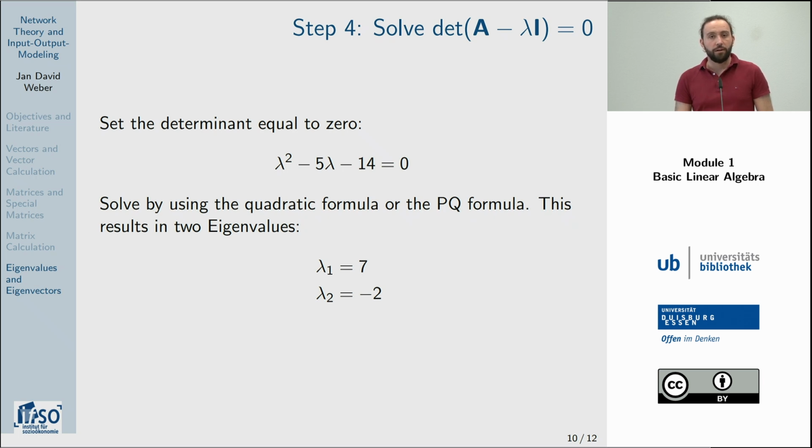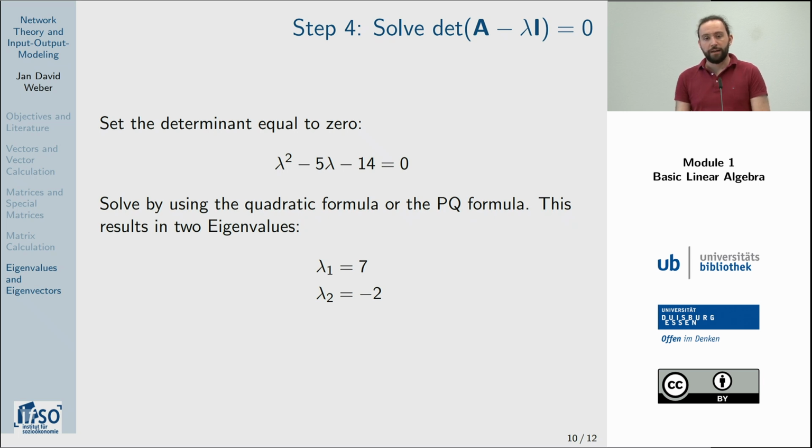You can solve that quite easily with the PQ formula, or some of you might be more familiar with the midnight formula. The big fight: which one is the correct way to solve that? The solutions in both cases are the same, so pick your pony, and you should end up in this example with lambda 1 as 7 and lambda 2 as -2.